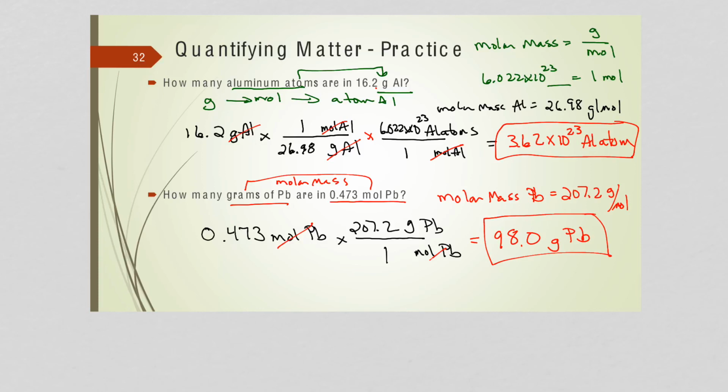Then it won't matter if we're dealing with aluminum or water or lead. It's all going to be the same. We just have to use a different molar mass depending on what we're using, and it's always going to be 6.022 times 10 to the 23rd to go between whatever we have, individual items and moles. So practice, and before long, these kind of problems won't be any challenge at all for you.